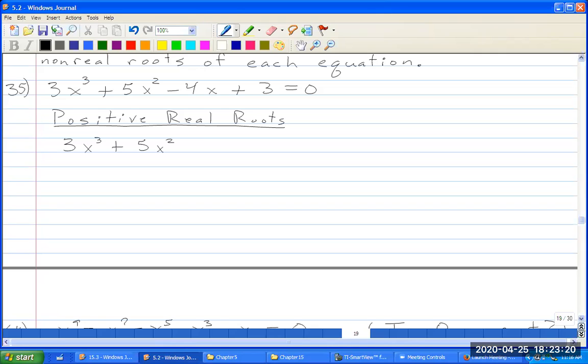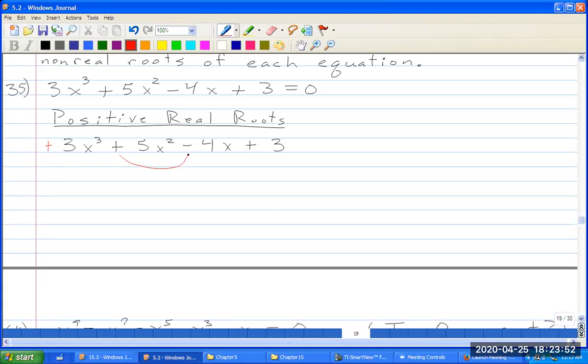Oh, by the way, if there are any terms that are missing, like there was no 5x squared here, I put a 0x squared, and then I can arbitrarily pick the sign so that it won't change. Now let's figure out the number of sign changes. I start with a plus, I keep a plus, but then I have one sign change here.